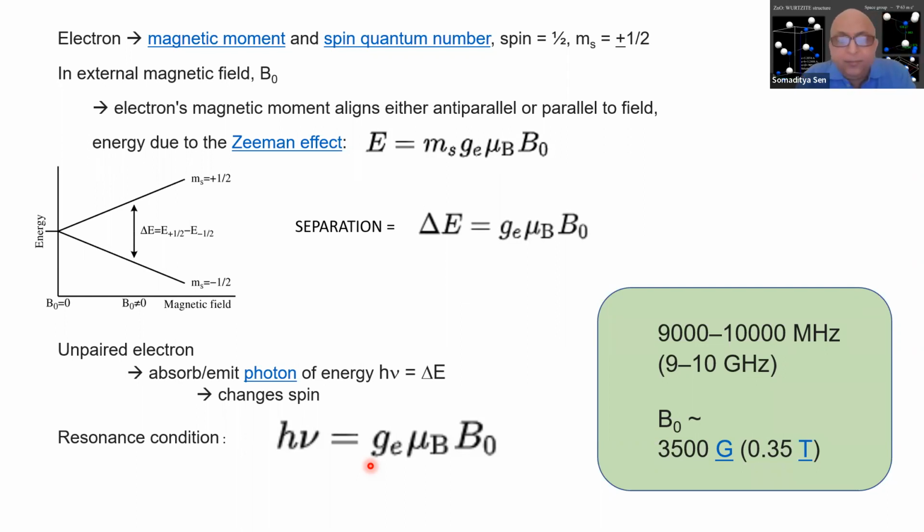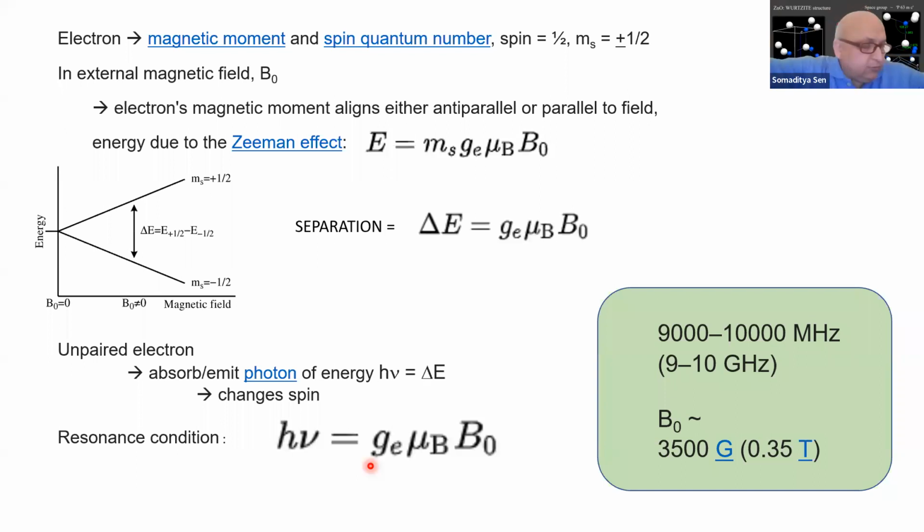So by probing the different photon energies, we can find the different g values. Generally, the trend is to put a definite amount of field strength, about 0.35 Tesla, and then see at what frequency there is a resonance.